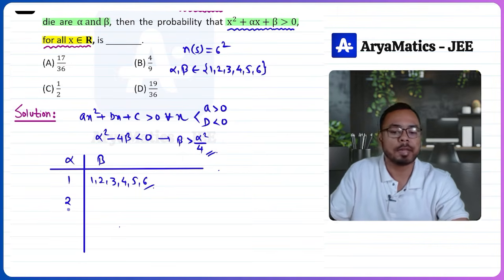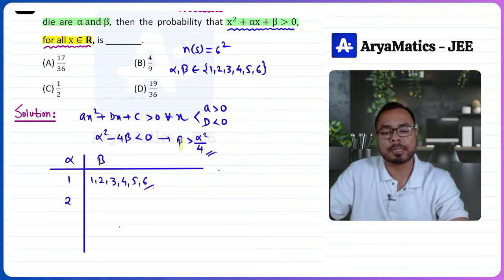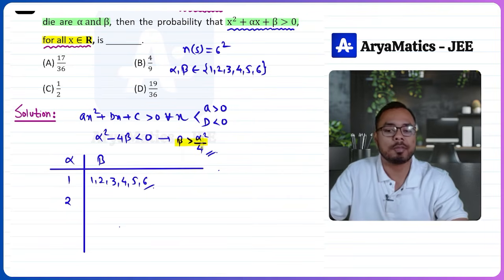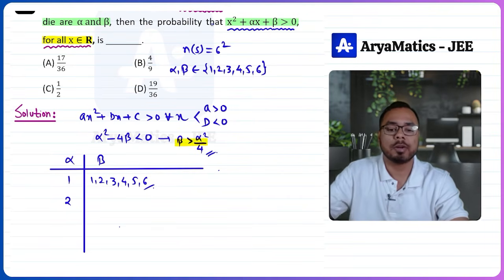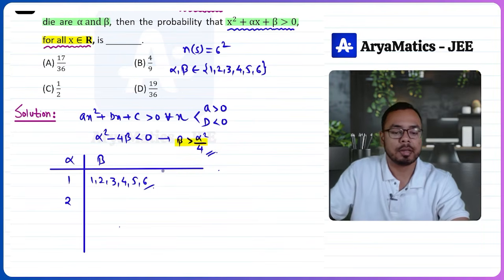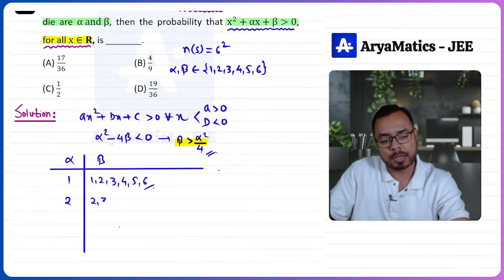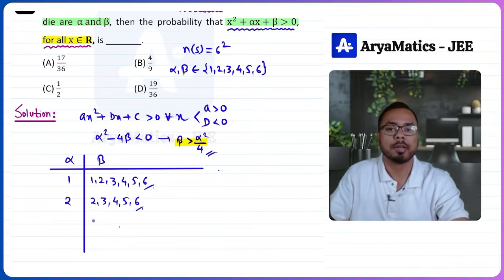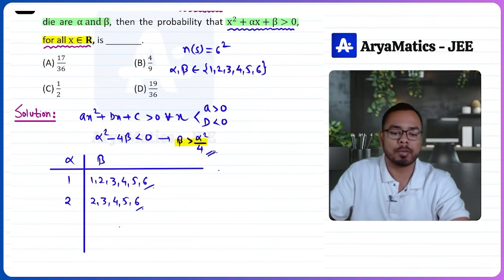Similarly, if I take alpha as 2, we have to satisfy that beta is more than alpha square by 4. So now if I take alpha as 2, then beta should be greater than 1, right? So the numbers which you can take are either 2, 3, 4, 5 or 6. We cannot take beta as 1 because beta should be greater than 1, right?